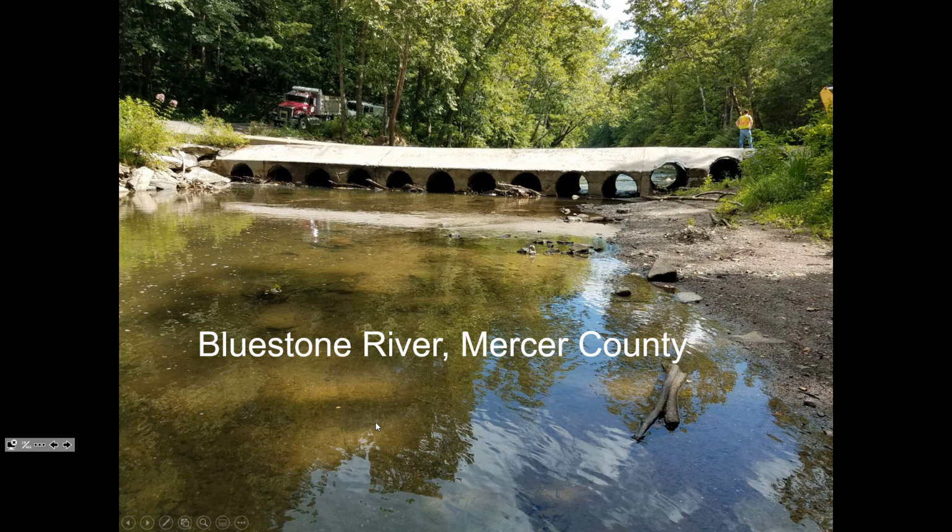Here is a picture of a culvert in Mercer County. Someone who is doing a summer internship with DOH sent me this picture. I think that this is maybe just a temporary setup that was in place while they were constructing a bridge. The problem, as you can see, is the accumulation of debris upstream of that culvert.